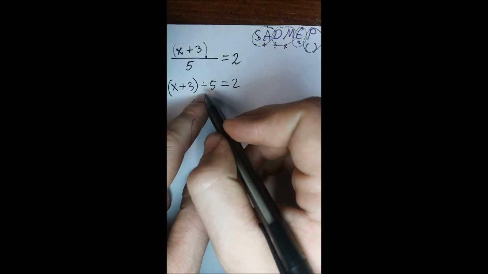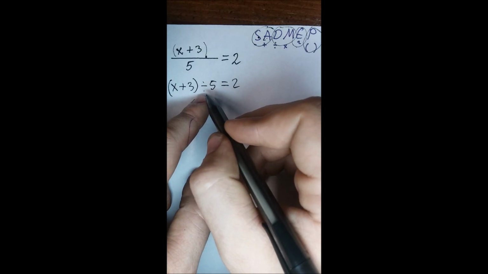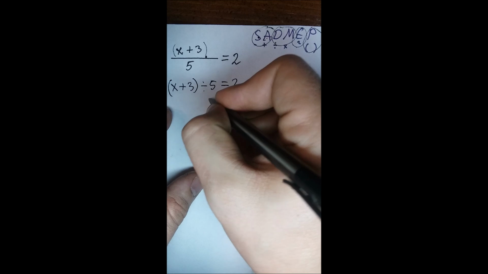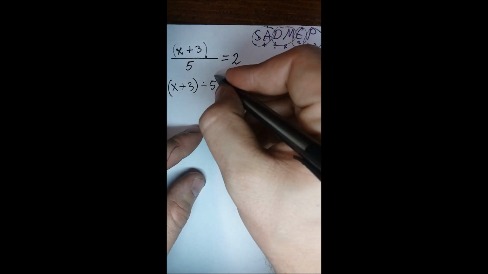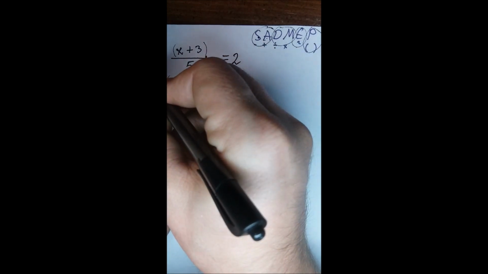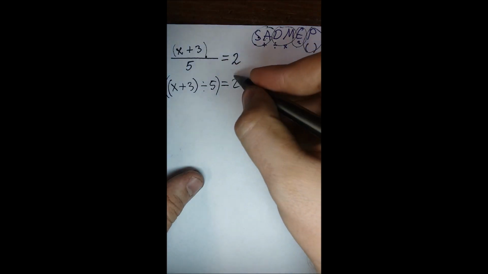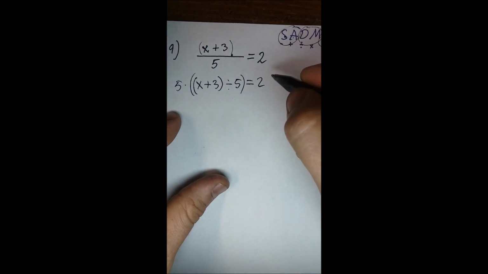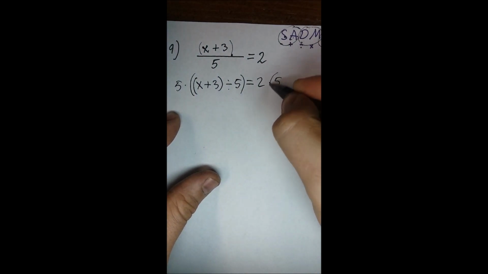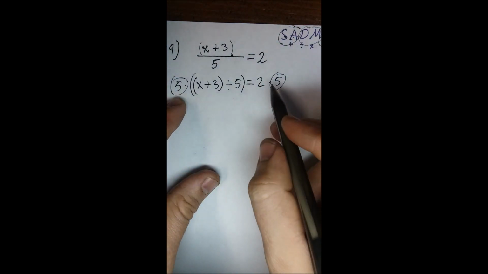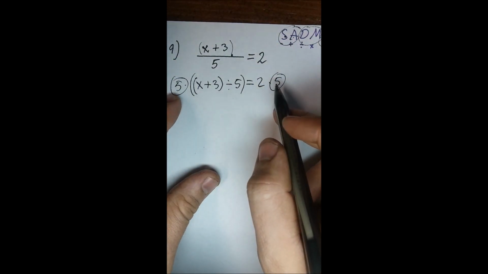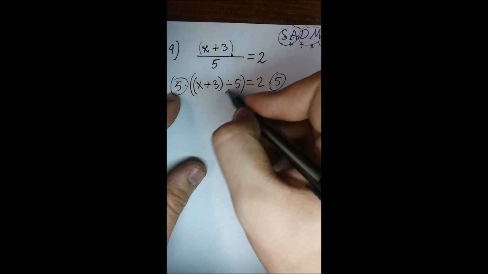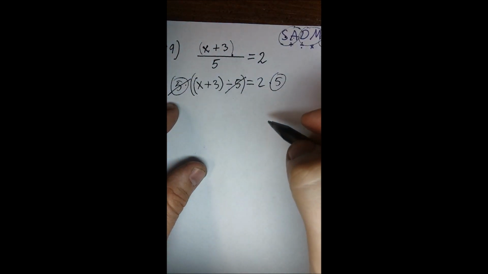So now, here you go. We've got a division. To cancel the division, we must multiply by 5 on both sides. I'm going to multiply this by 5 here, and I'm going to multiply this by 5. So these two 5s are on the left and the right side. That cancels out this 5.